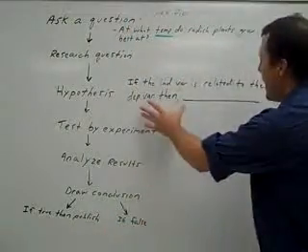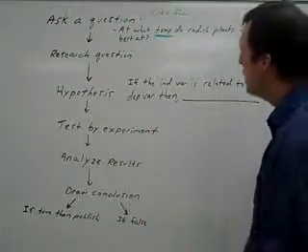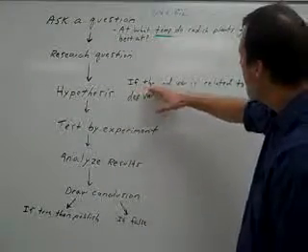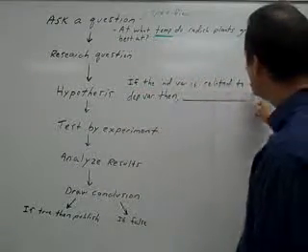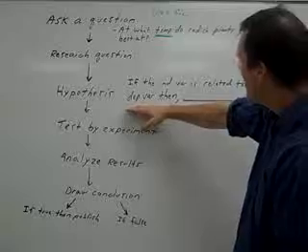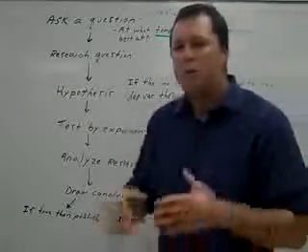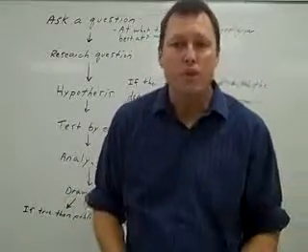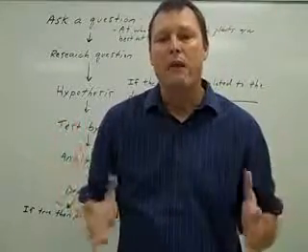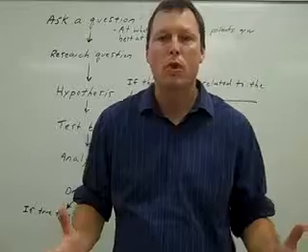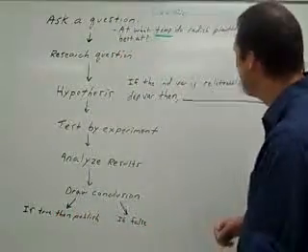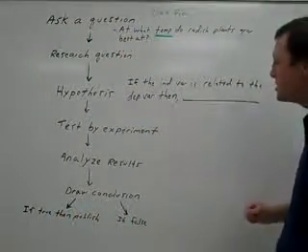Okay? So my hypothesis might look something like this. If the temperature is related to the height of radish plants, then as the optimal temperature is reached, radish plants will have maximum growth. So that might be my hypothesis.